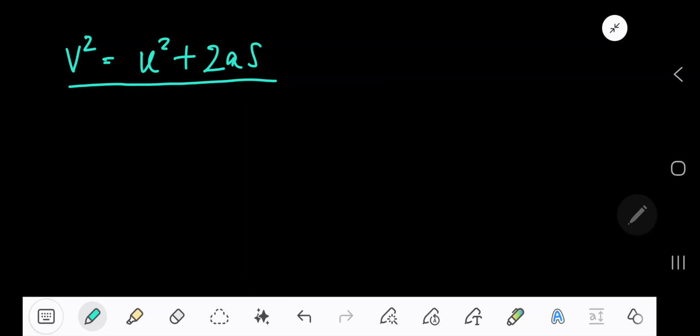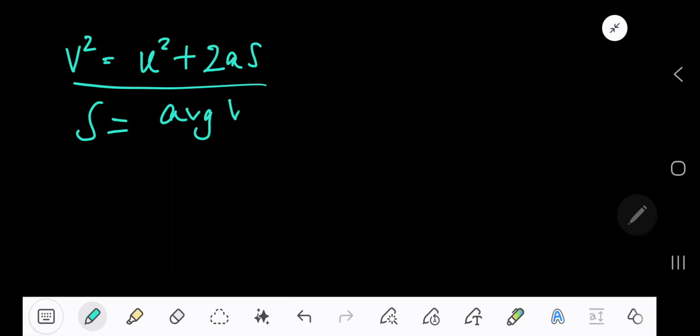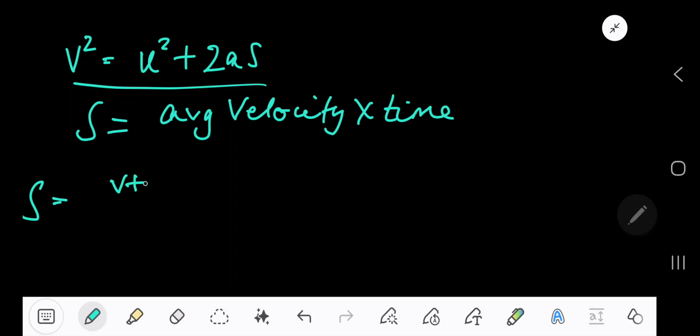Again we know that distance equals average velocity into time. The formula for average velocity is v plus u over 2 multiplied by t.